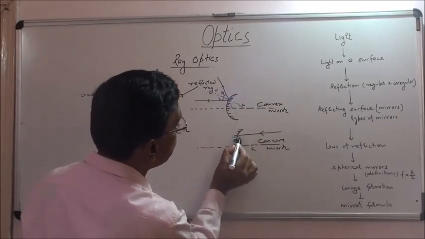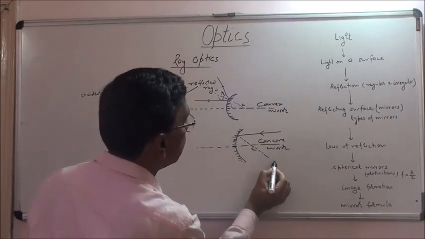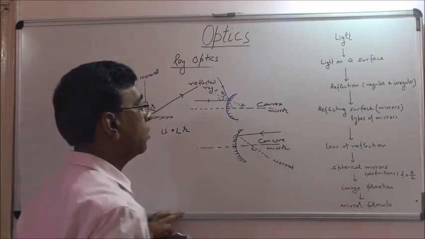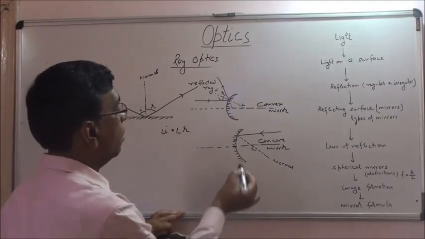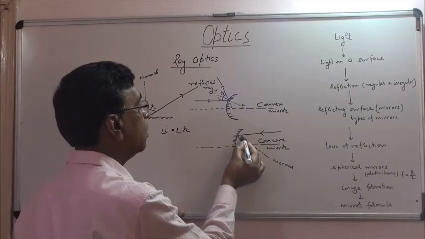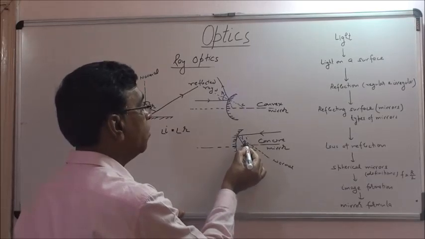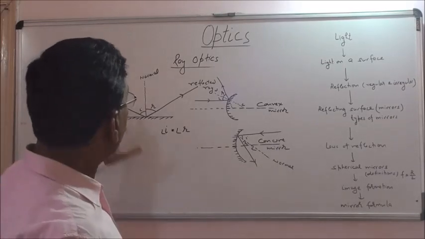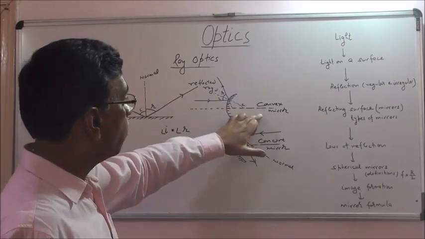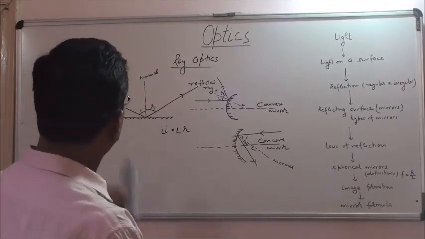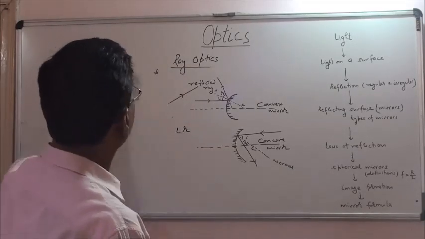And here also, this is the normal. Okay, and then the light will come something like this. So this is the angle of incidence, this will be the angle of reflection. Okay, so this law holds for a convex mirror, for a concave mirror, it is valid for all.